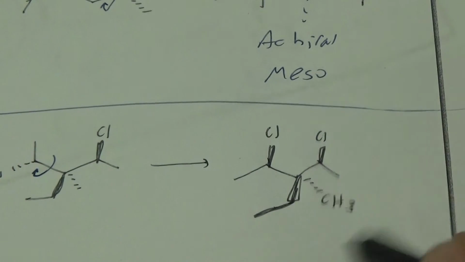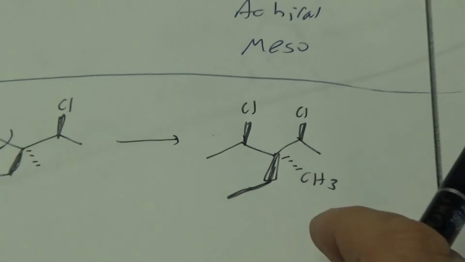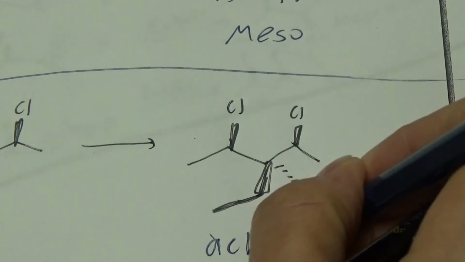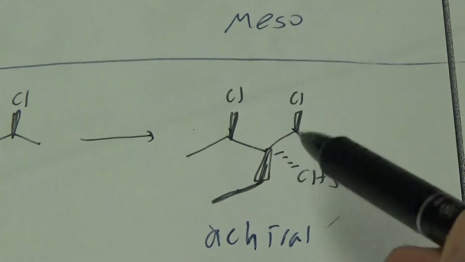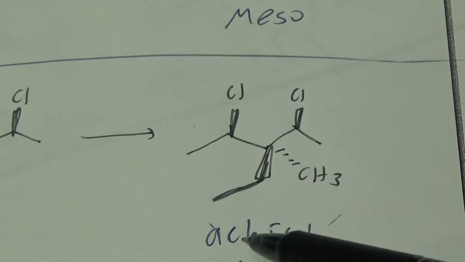Now this, I just want to end with this one because it's kind of a weird one. I'll tell you it's achiral meso. It's achiral meso. And where's the plane of symmetry? Because it has to be sliced, right?